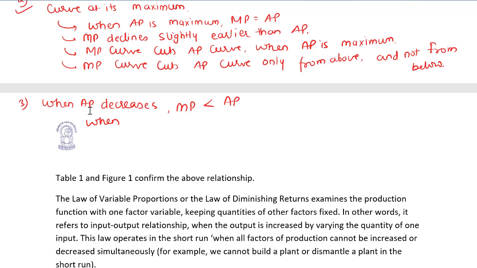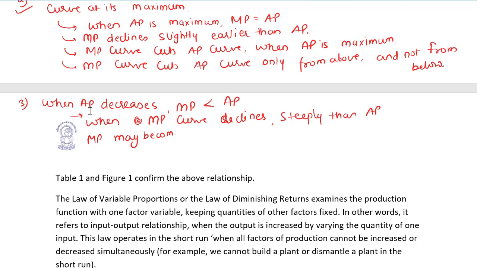When the marginal product curve declines more steeply than AP, marginal product may become 0 or negative.